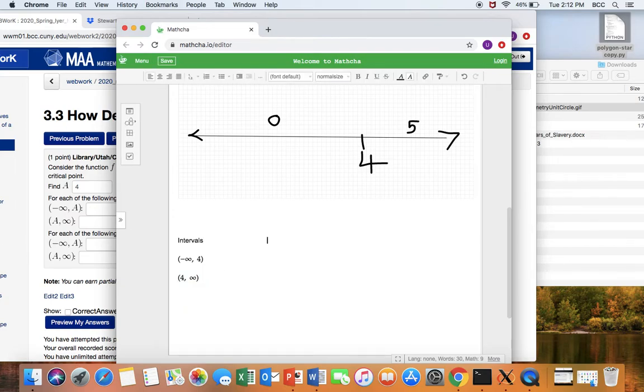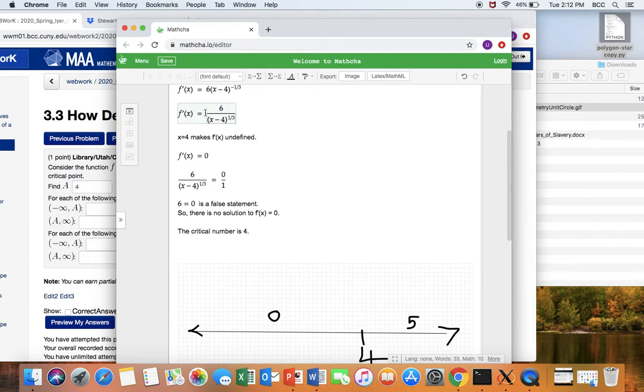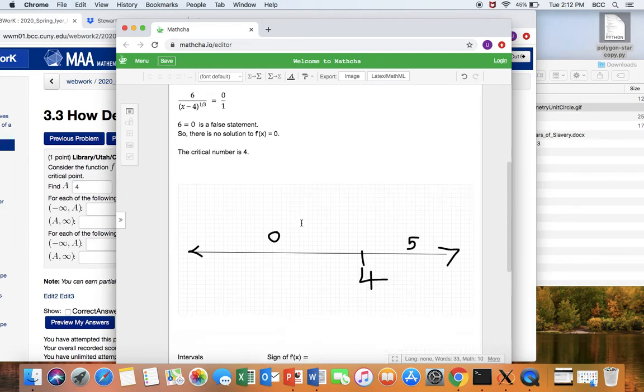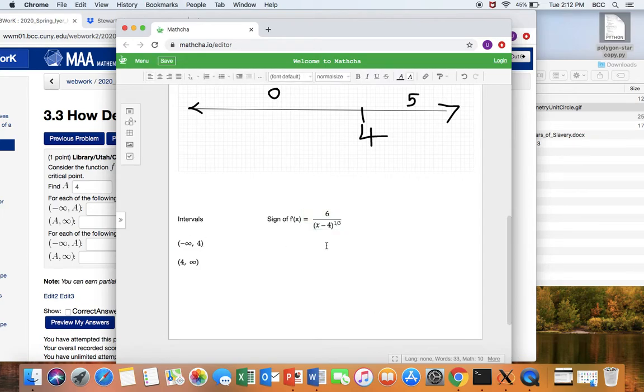I want to look for the sign of f prime of x. What was f prime of x? It is equal to this fraction. So cut and paste. That's my f prime. I want to find the sign here. My test number is 0. You can choose any number here, by the way.